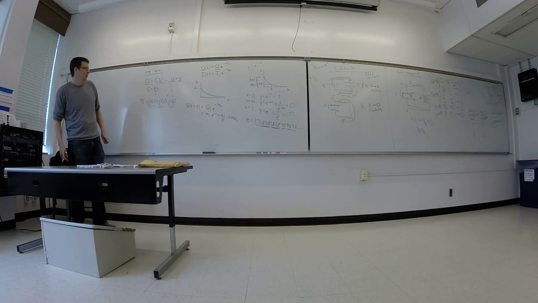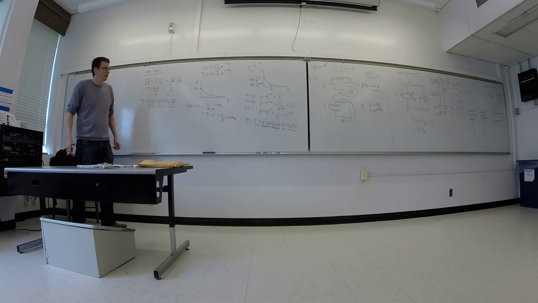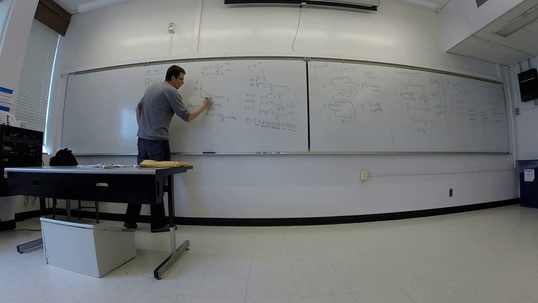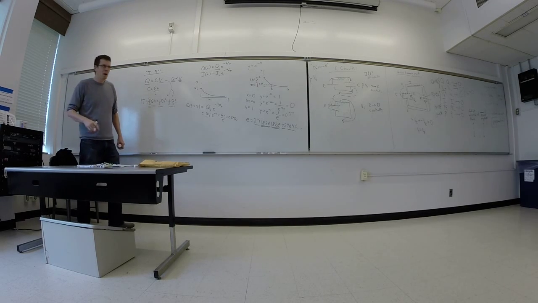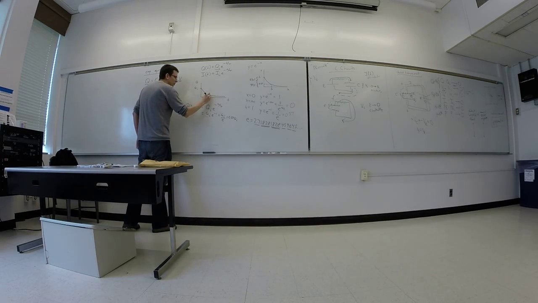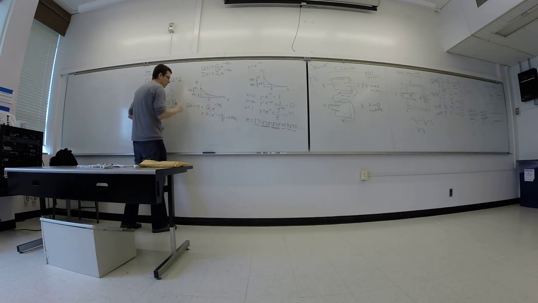So tau is how we get to move this benchmark around. So after t equals tau, what that represents is the time it takes to get to 37% of your initial value because you've already dropped 63%.